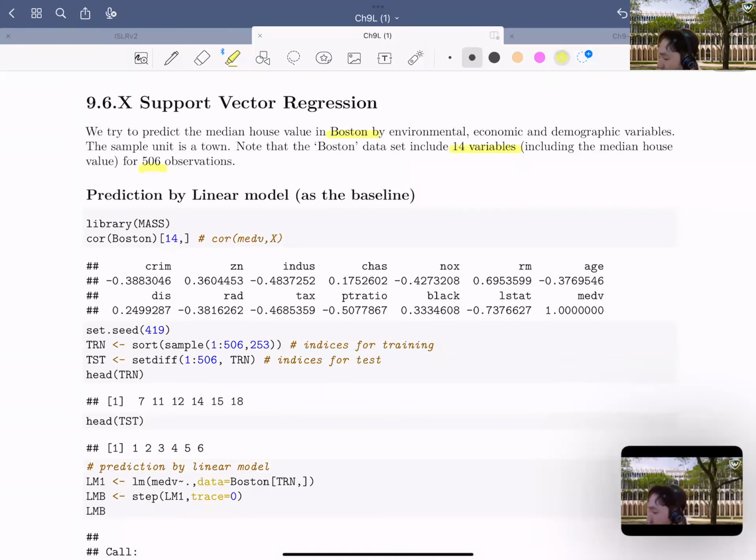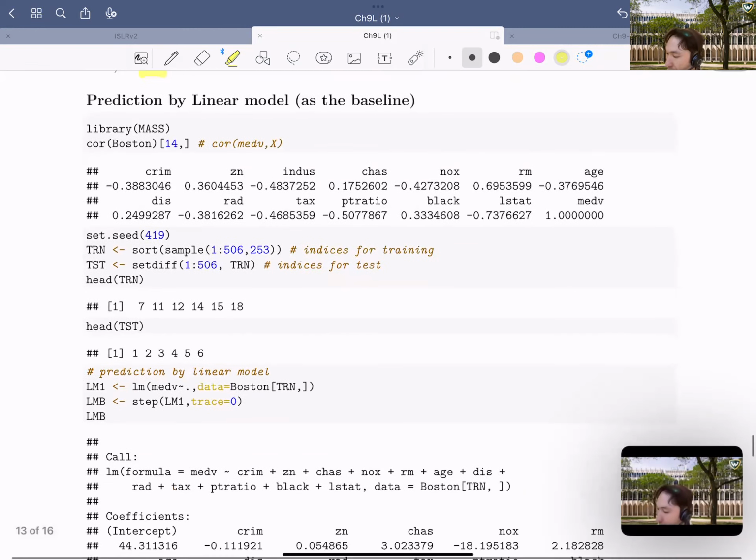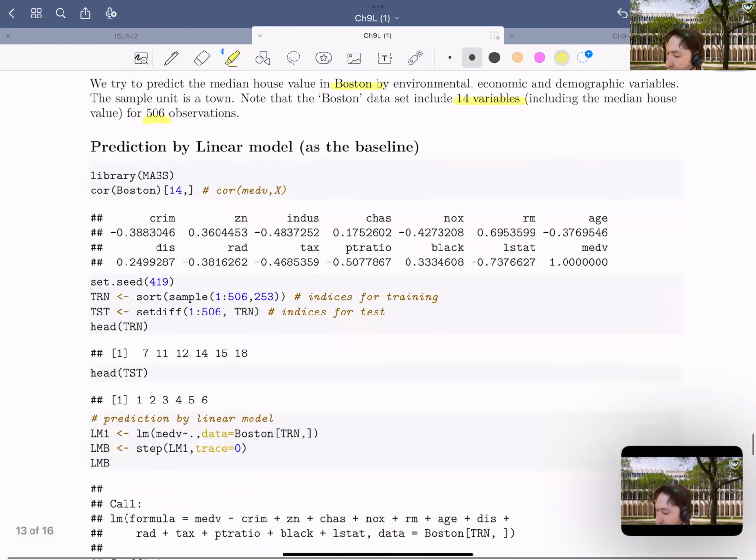Each observation represents a town in Boston, and the variables, the predictors, are some economic variables, demographic variables, and environmental variables, such as the NOx level. Our objective is to predict the median house value by the other predictors.